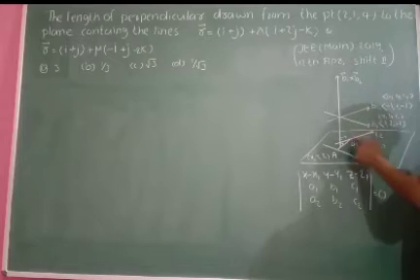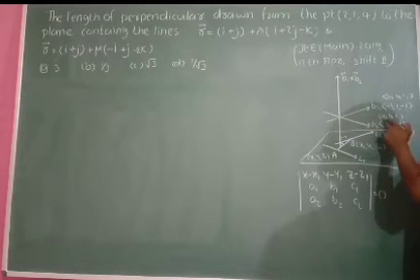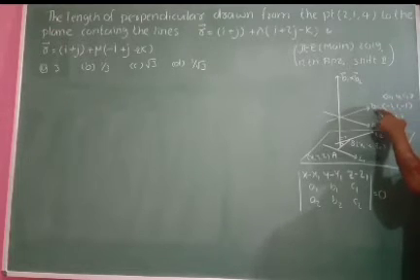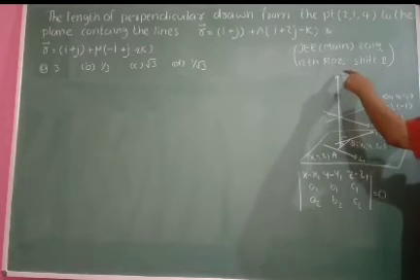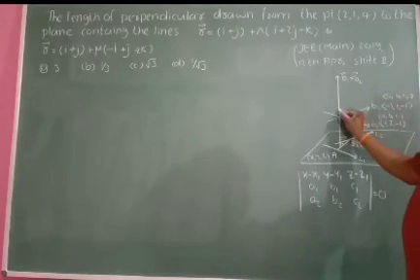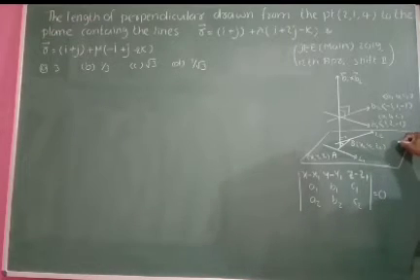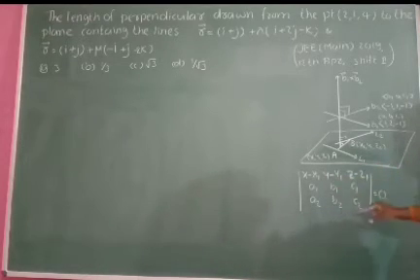This is a vector parallel to this line, and this is a vector parallel to the other line. A1, B1, C1 are the direction ratios of this vector, and A2, B2, C2 are the direction ratios of the other vector. Then this is a vector perpendicular to both B1 as well as B2, and the equation of this plane is given by this formula.